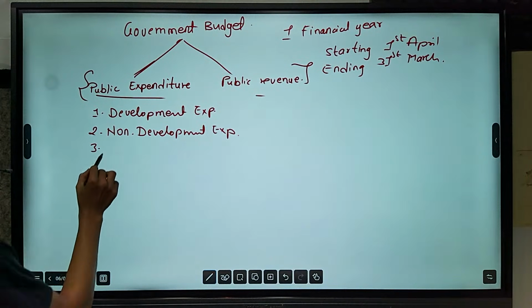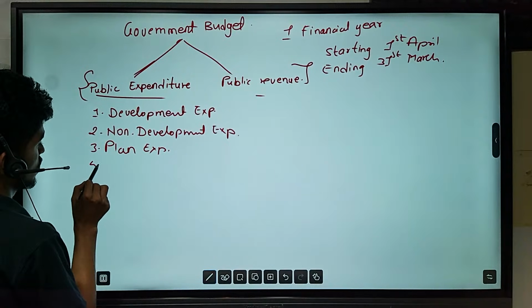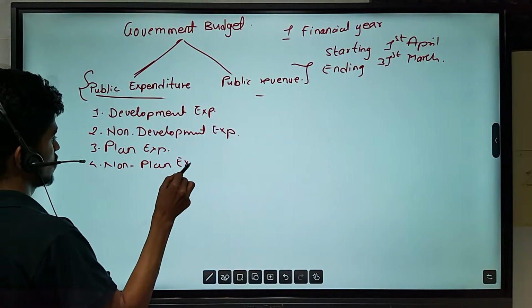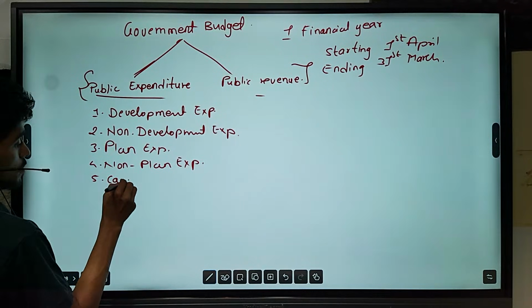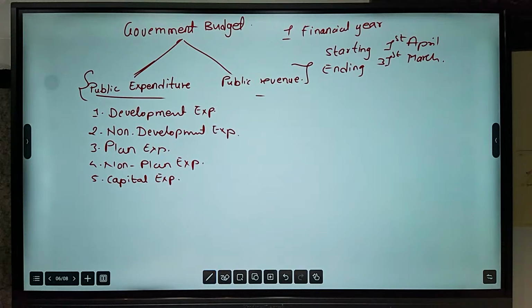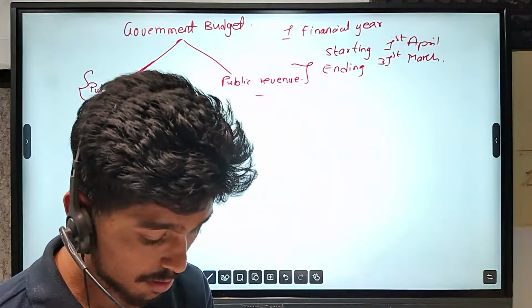Then plan expenditure, non-plan expenditure. Then you have to remember capital expenditure. Okay, these are some of the expenditures you have to remember under public expenditure. Public revenue, I need to check in the syllabus.